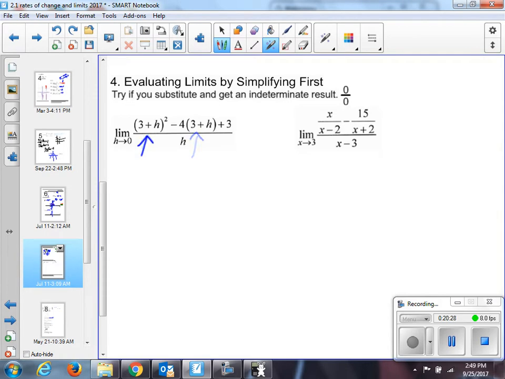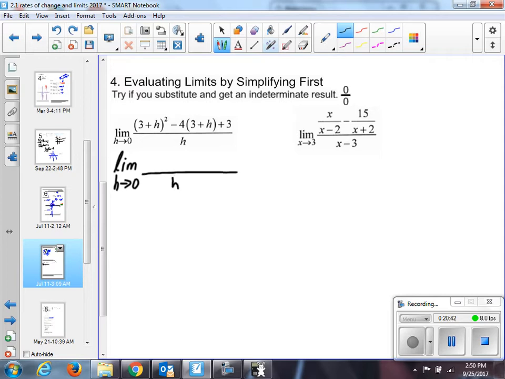Well, just do it the hard way then. Multiply it out. So in this case, limit h approaching 0. Remember, you get 3 terms when you square this.